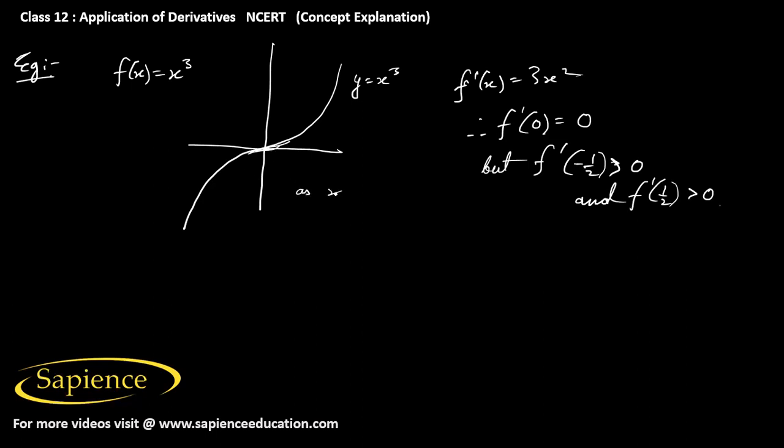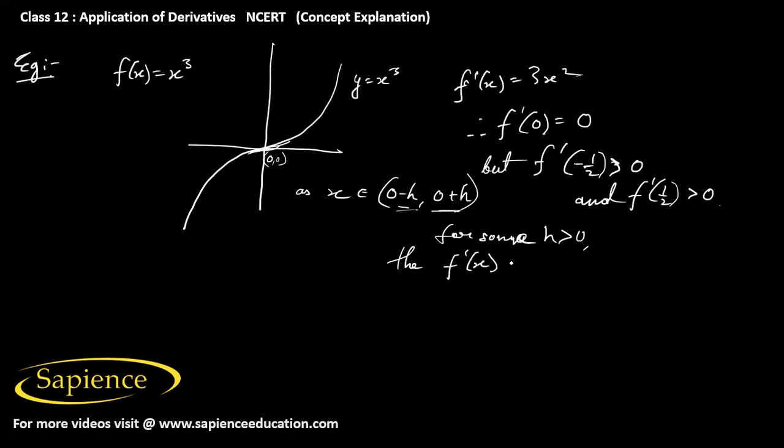So as x belongs to 0 minus h to 0 plus h for some h greater than 0, it means we are taking some interval which contains the number 0. In this interval, f dash x is not changing sign.